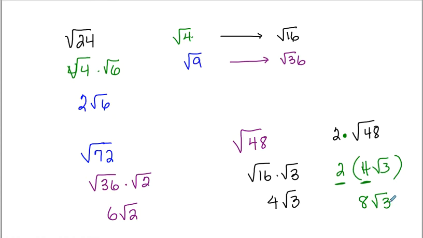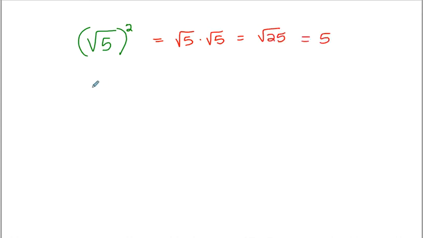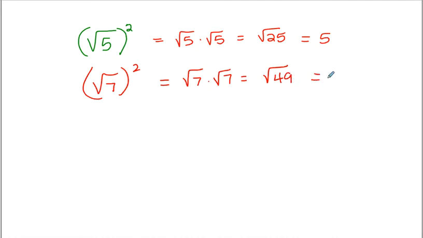Okay? All right. Now, what happens if we square a radical? What if I said root 5 and I squared it? Well, let's remember that squared means root 5 times root 5. It means 2 of them, which would give me root 25, which is 5. Let's try another one. Root 7 squared. That means root 7 times root 7, which is root 49, which is 7.